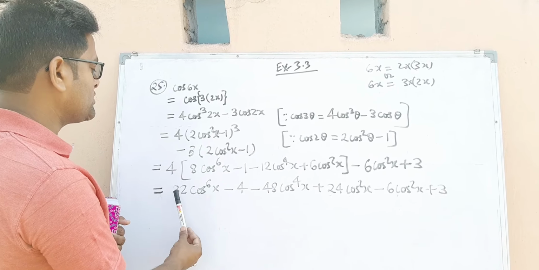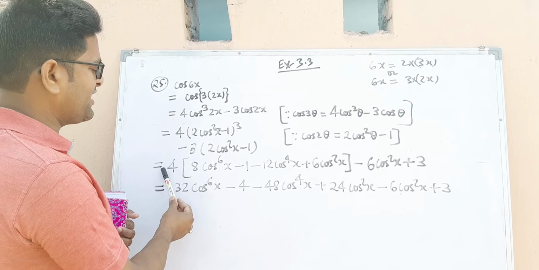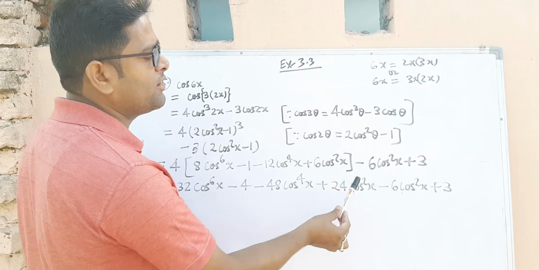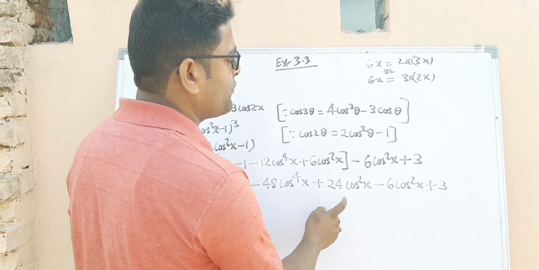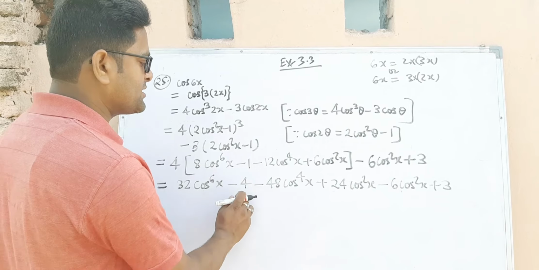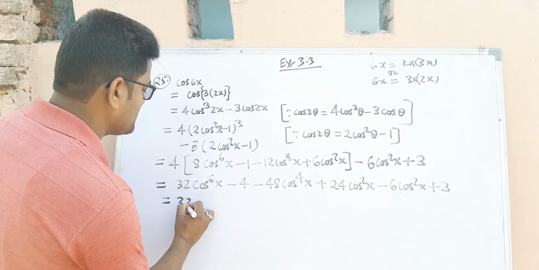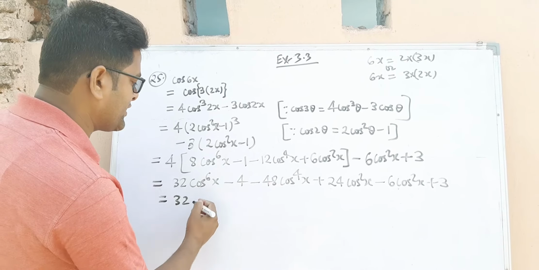Now you can see, 32, we can just simply simplify it. 4 into 12 is 48, and 4 into 6 is 24. Now you subtract: 24 minus 6 is 18, and minus 4 plus 3 is minus 1. So let us write it in descending order of exponents.